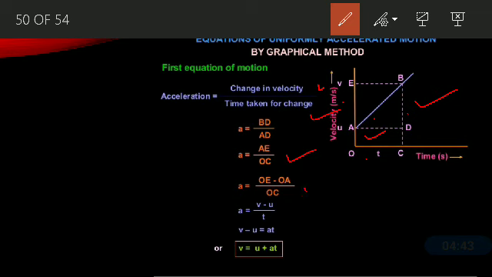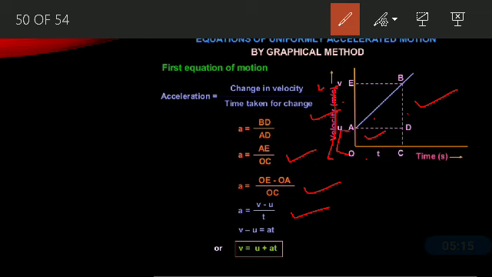Now moving on further, we can write AE as OE minus OA. That will leave us with the portion AE. Now placing the values. OE, this portion from O to E, is representing the final velocity, starting from 0 to final position.